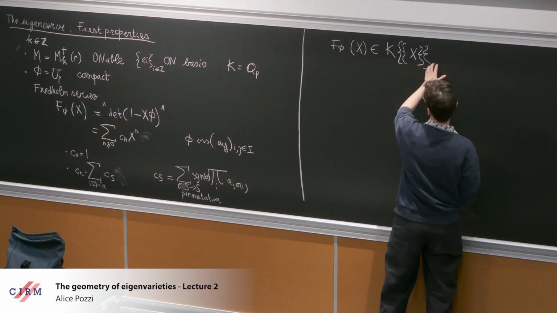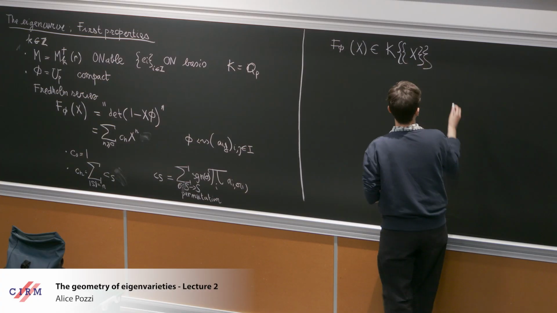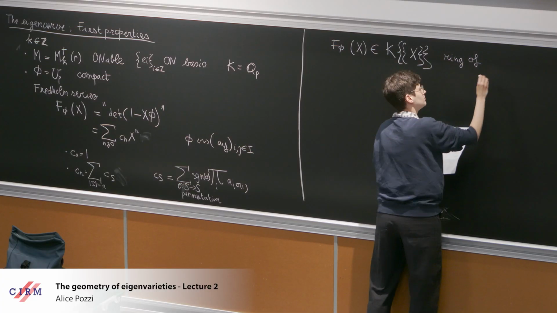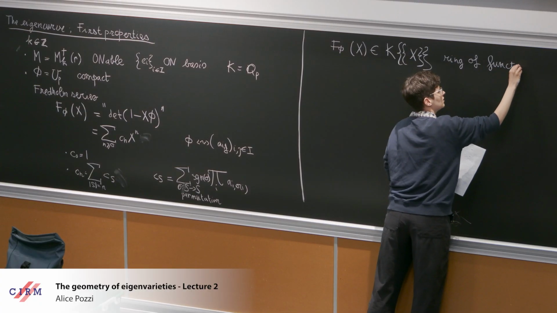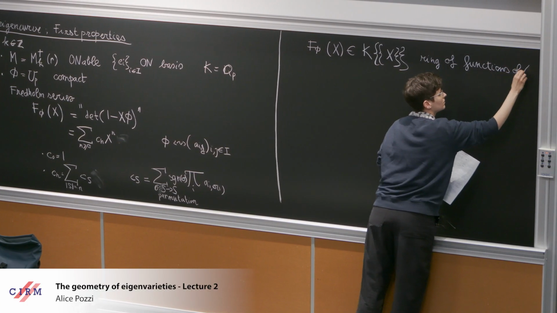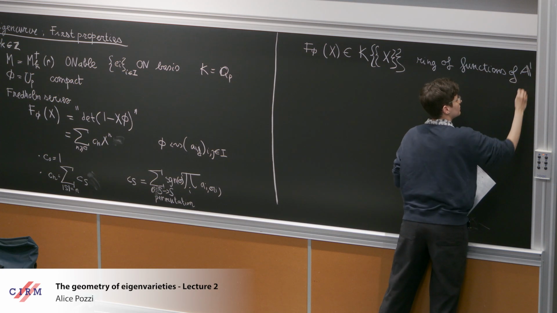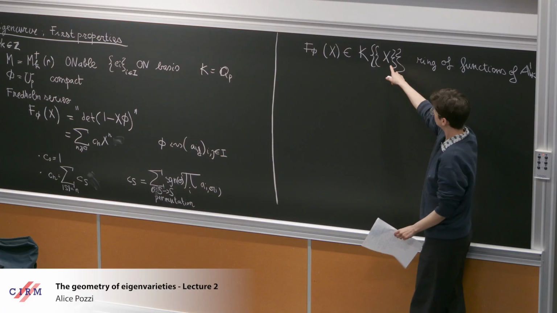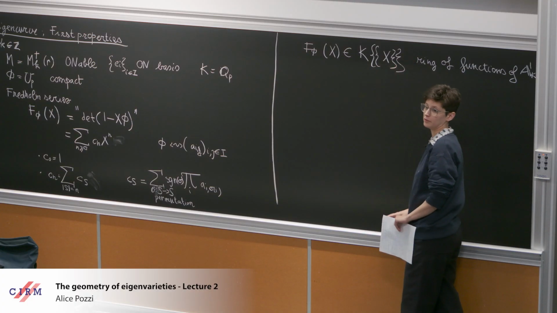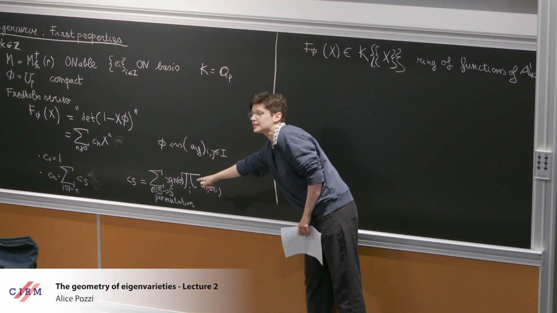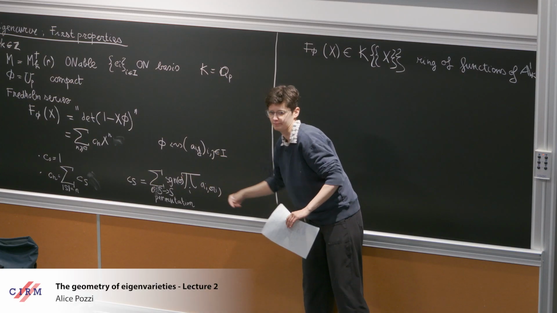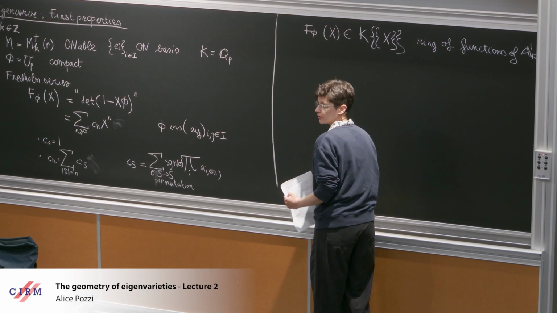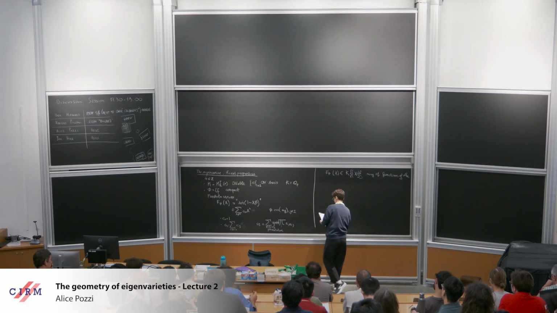This means that in practice, whatever value I choose for this variable, this whole thing converges, which means that the coefficients have to decay pretty quickly. Everywhere convergent power series, that's right. That's exactly what it means.